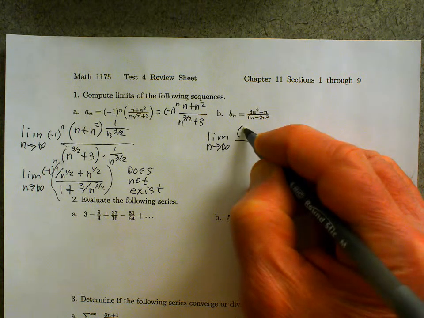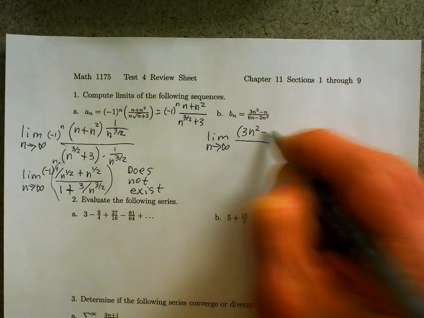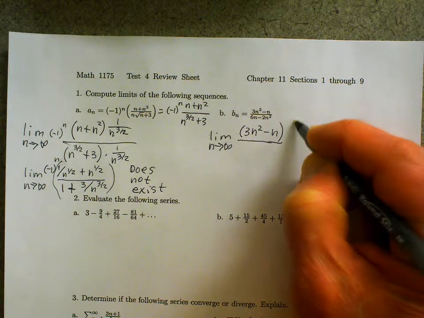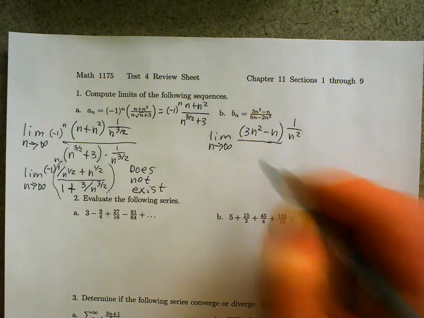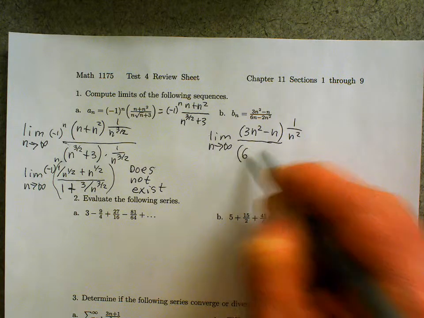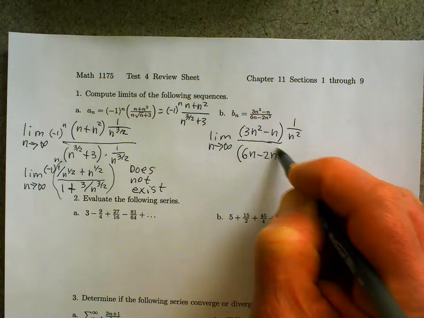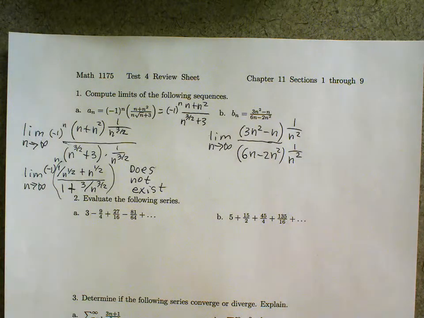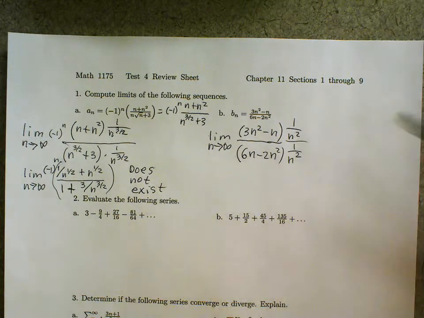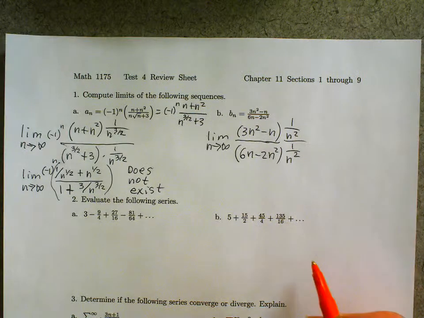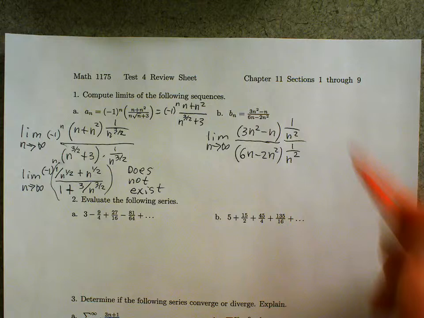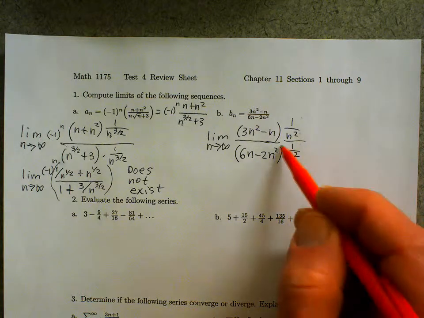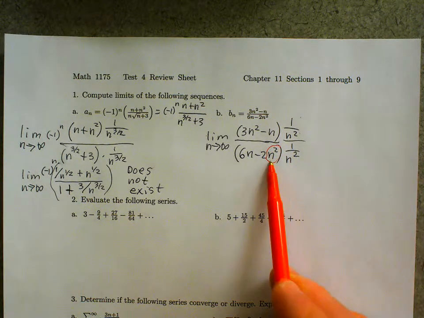So we'll multiply the numerator, 3n to the second minus n, times 1 over n to the second, and multiply the denominator, 6n minus 2n to the second, by 1 over n to the second. So we're just multiplying by 1. The reason I chose 1 over n squared divided by 1 over n squared is because in the denominator, the largest exponent is n to the second.